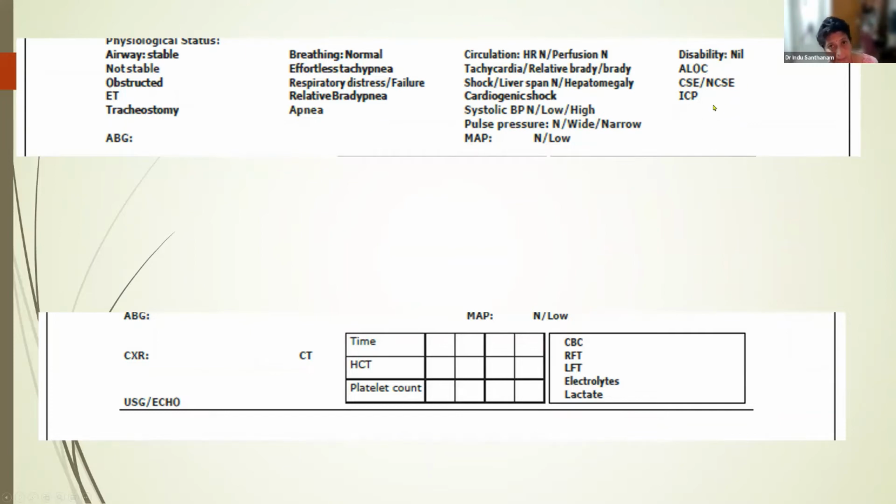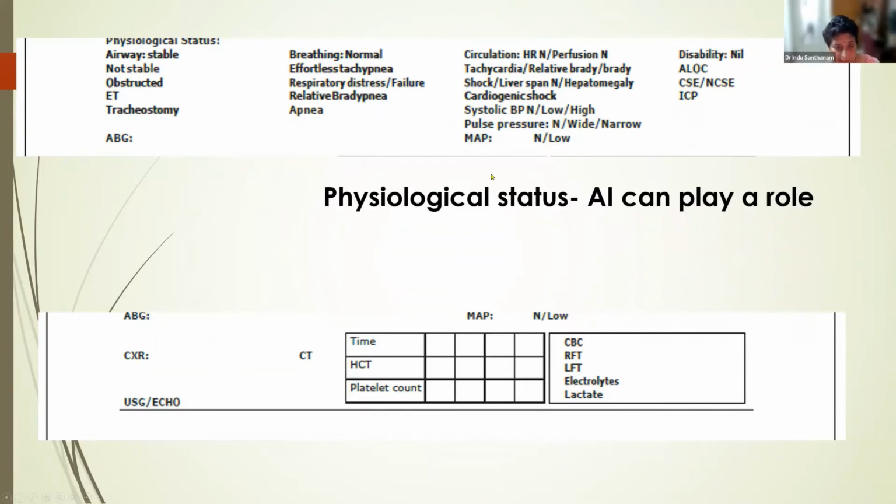Is he having status epilepticus or seizure activity or raised intracranial pressure? So this is the physiological status which is derived from the clinical information from the child when they are seriously ill. And additionally, we send investigations, and these are also documented along with the case record. This also helps us to treat the child.